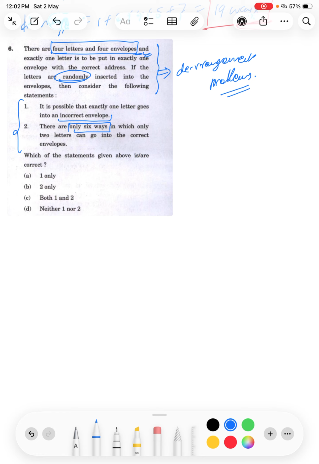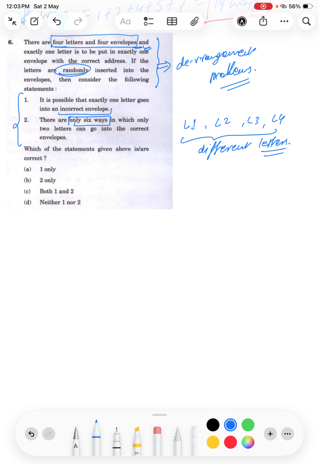Here, to help visualize the problem, we can simply name the letters as L1, L2, L3, L4 being 4 different letters. Imagine this like you have a wedding card, probably not a wedding card, maybe personalized.